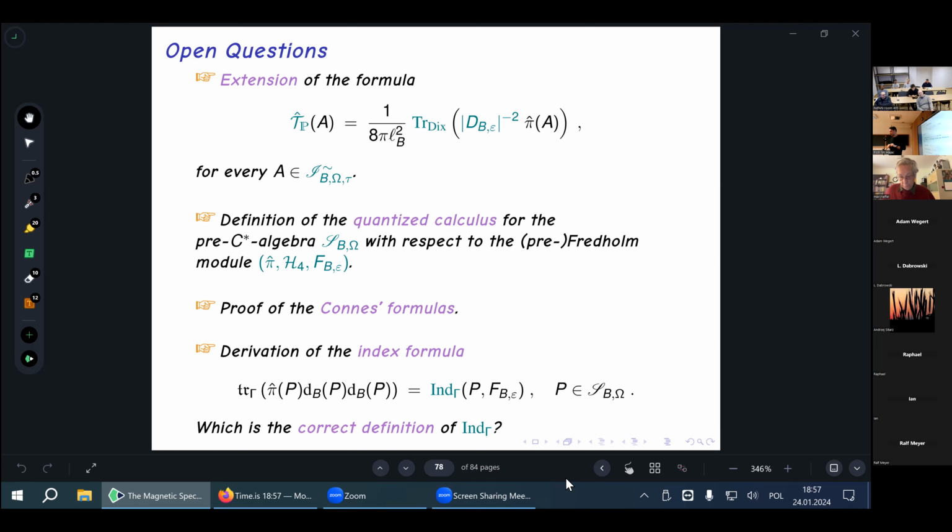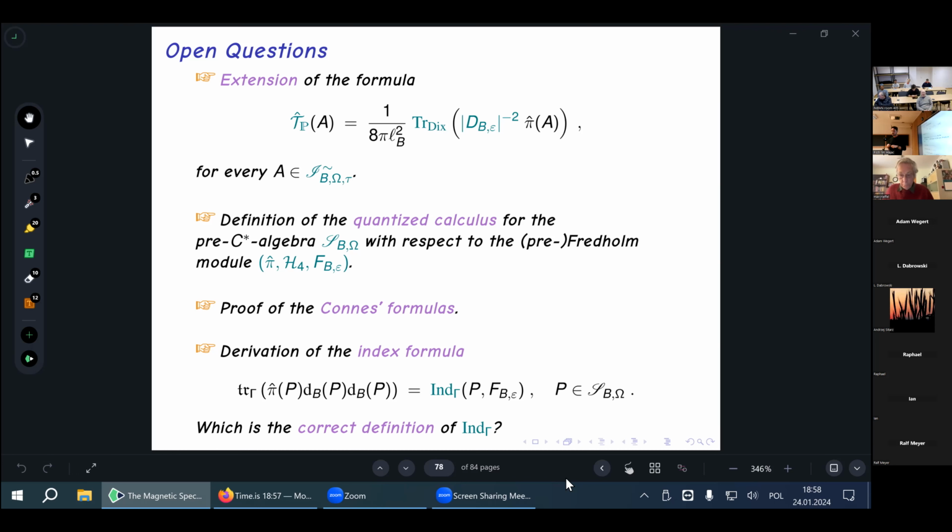So this electrostatic potential only affects the analytic properties of this algebra, but not the topological invariants. At least your intention is to prove theorems in this direction. Exactly.